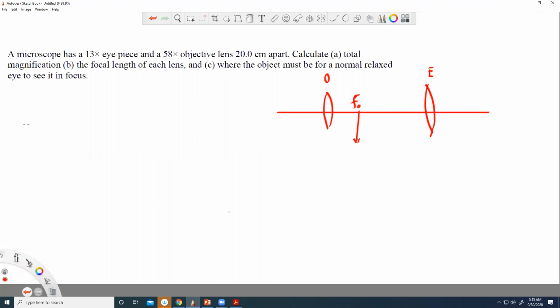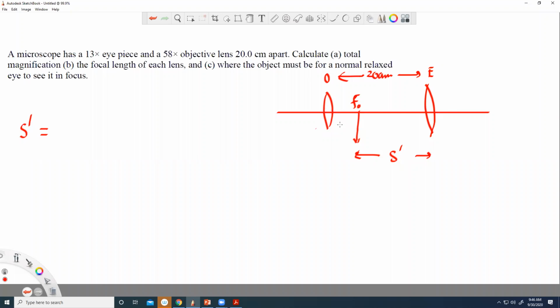So then what would be the S prime? S prime is the distance between the image and the lens. So we want to find this first, to find the object distance. So what's S prime? So this is 20 centimeters.